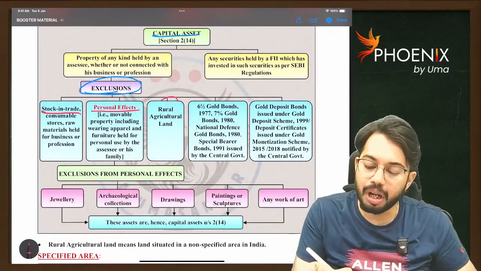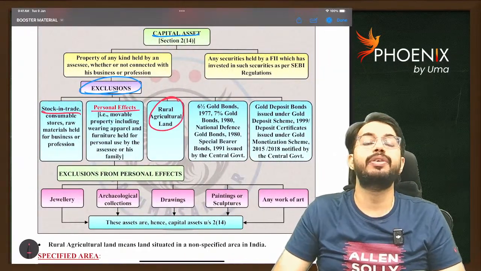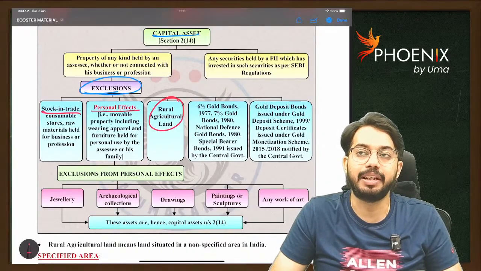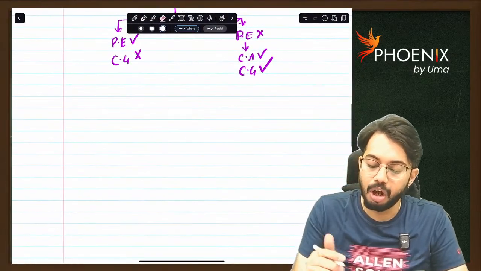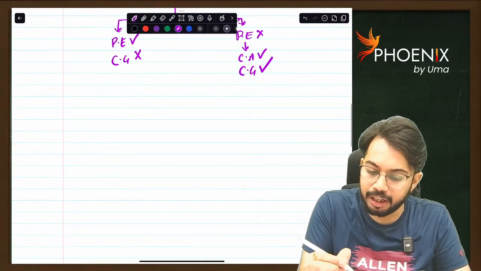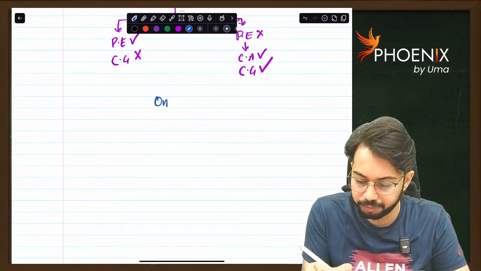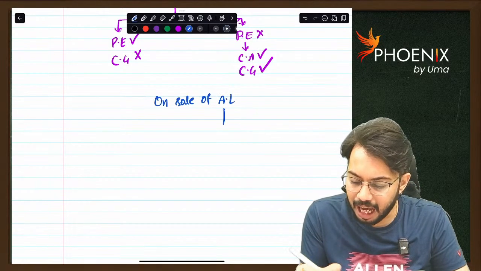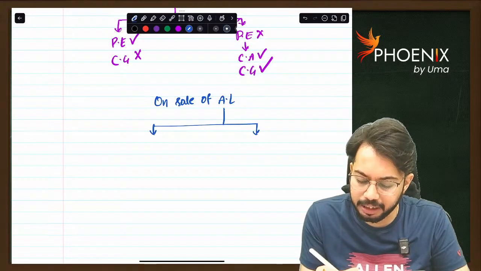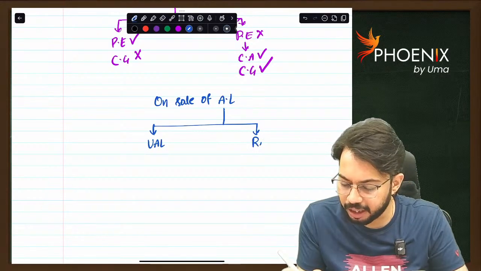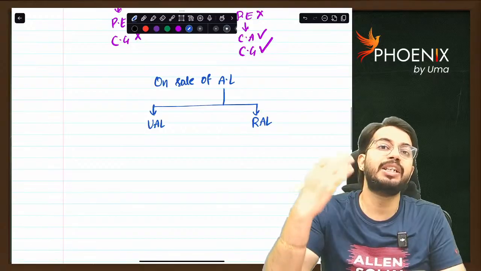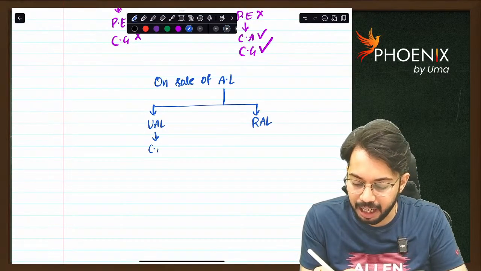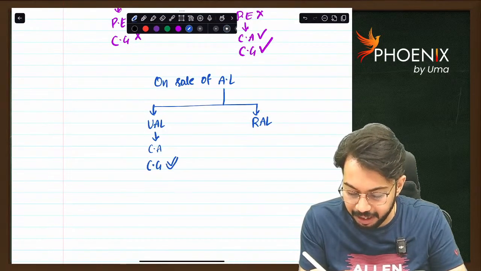Next, rural agricultural land is also excluded from the definition of capital asset. So on sale of agricultural land, you have to determine whether this agricultural land is urban agricultural land or rural agricultural land. If the agricultural land sold is urban agricultural land, then it is a capital asset, and capital gains will arise.